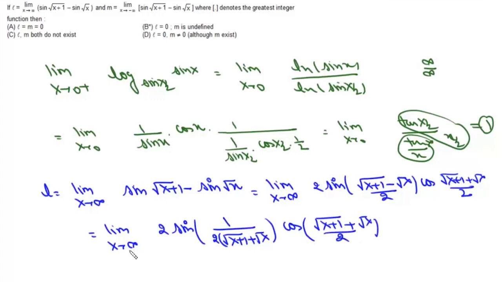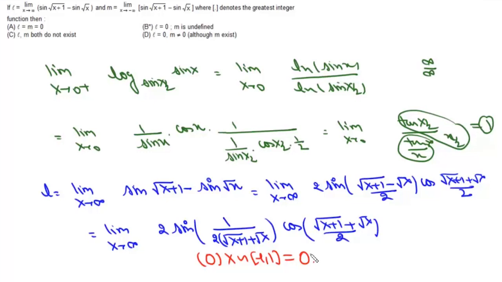Now when x tends to infinity, this is 1 upon infinity, so it will be sin 0 is 0 into cos infinity, and cos infinity is an oscillating value from minus 1 to 1. Now 0 into anything finite is 0, so the answer to this limit is 0. So the value of L is 0.